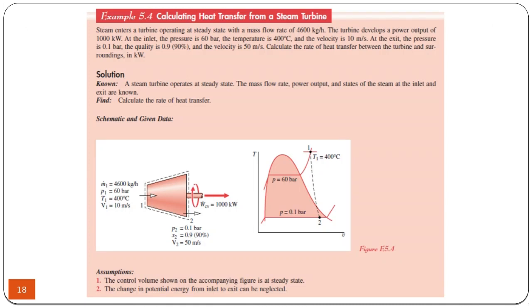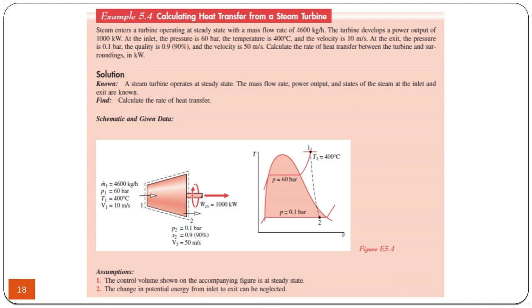An example is given for a turbine. Steam enters this turbine at 60 bars and 400 Celsius with a flow rate of 4,600 kilograms per hour, and the inlet velocity is 10 meters per second. As it expands through the turbine, it delivers a power of 1,000 kilowatts.